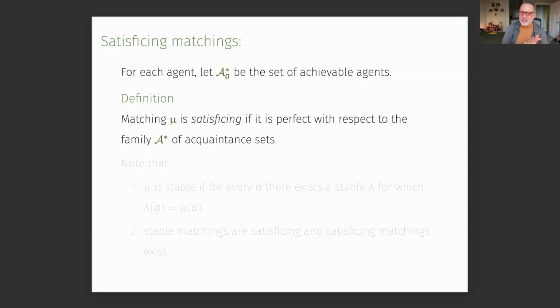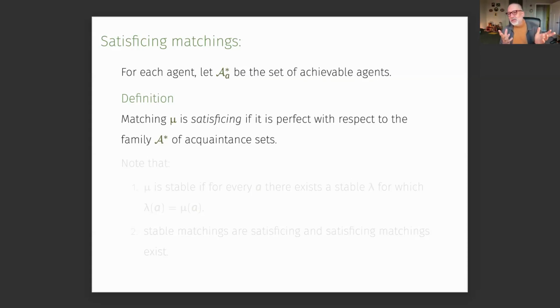The set of good enough agents is determined according to the preferences of each individual, taking into account the preferences of everybody else. Okay? Notice that there is a lot of strategic thought that goes behind the definition of good enough.